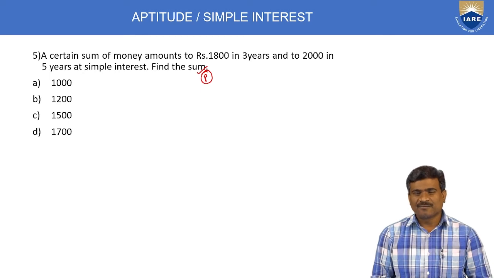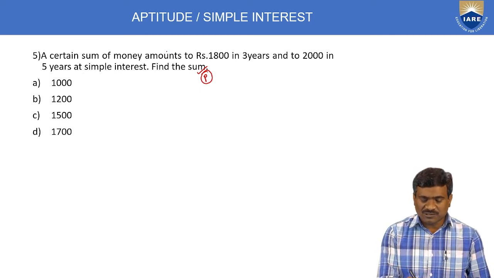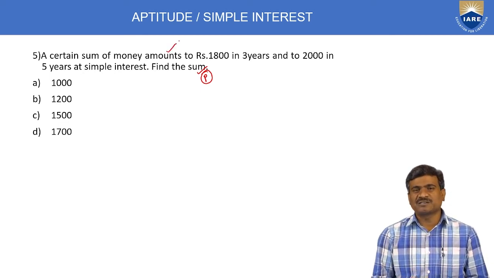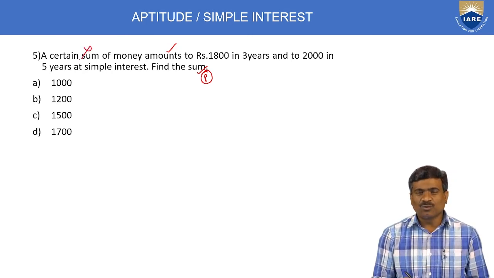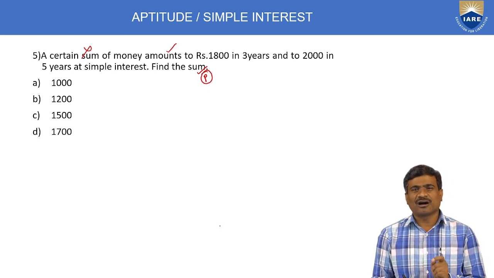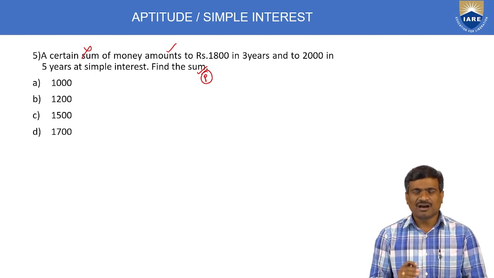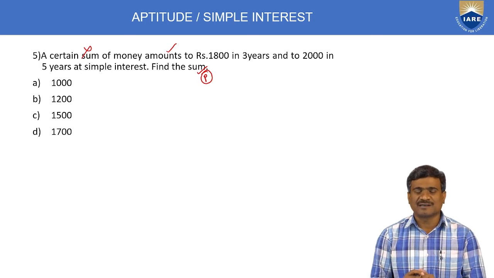Method: first, only amounts are given but the principal amount is not given. First statement: amount 1800, time 3 years. Second statement: amount 2000, time 5 years. Using the two equations, find the principal amount, that is, the sum.